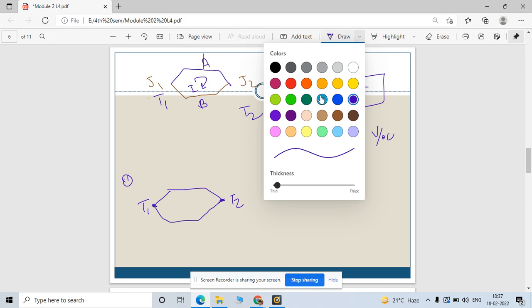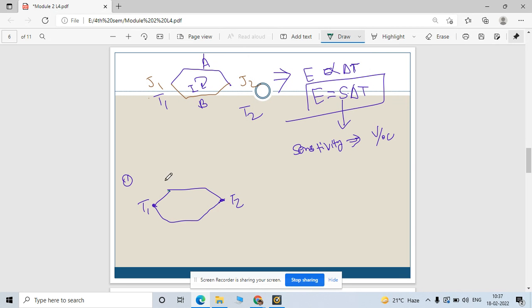Okay. And the intermediate temperatures are also known to you, which, let's say, are T4, T3, T5, T6.